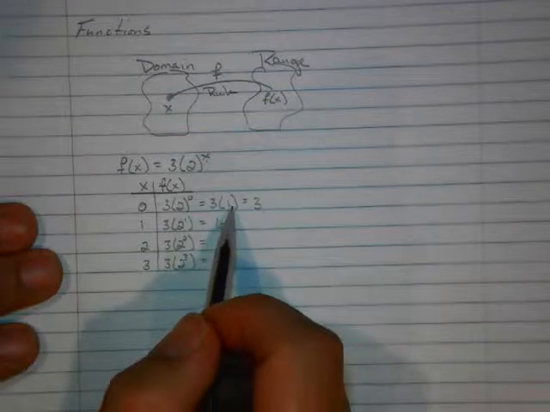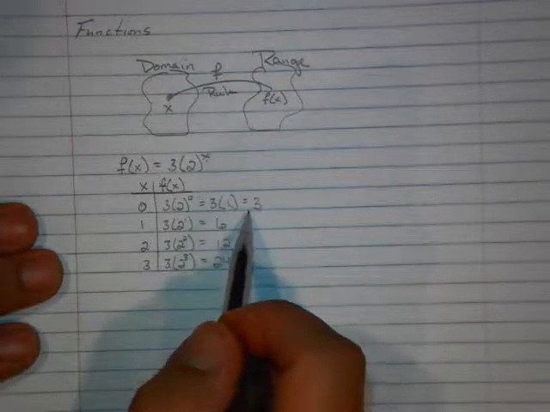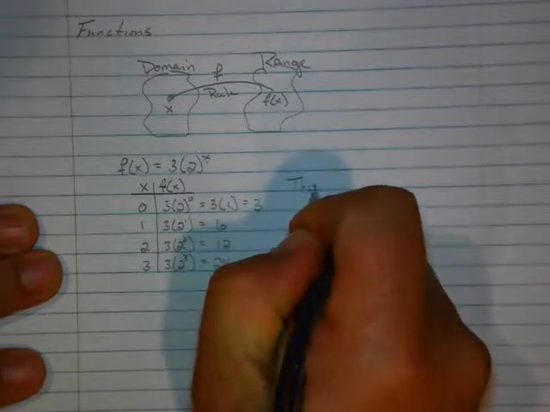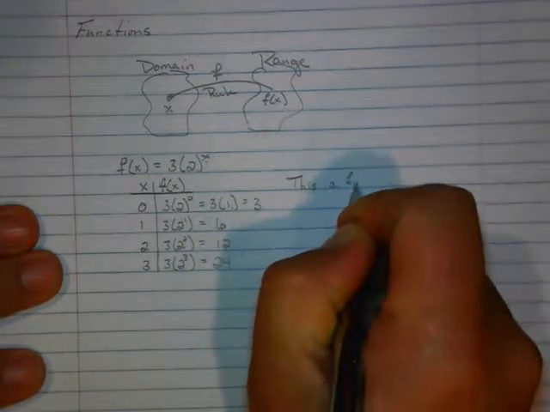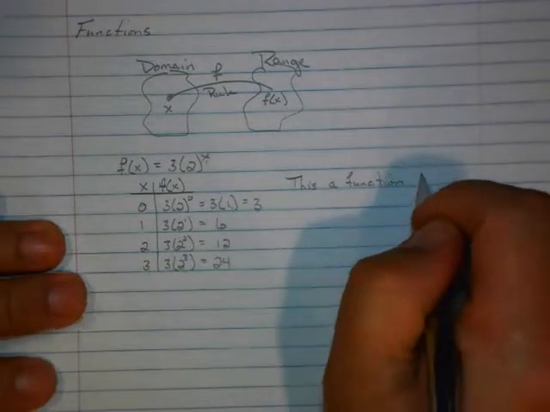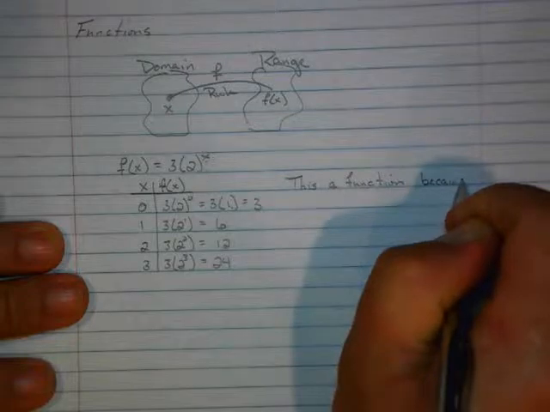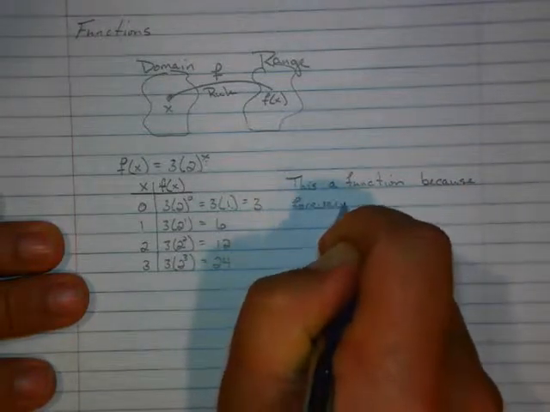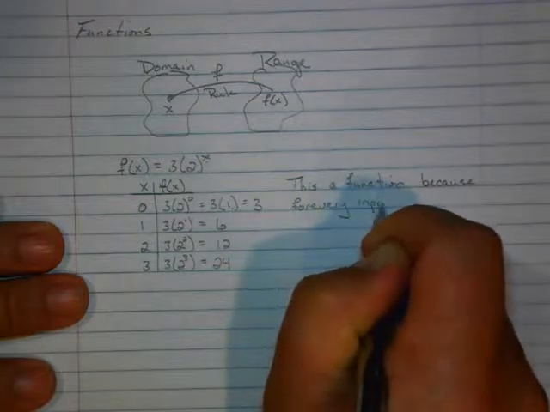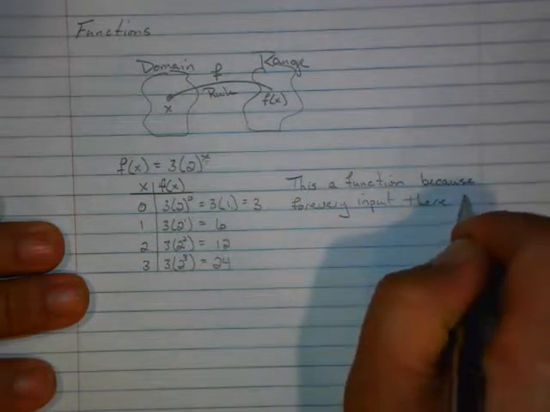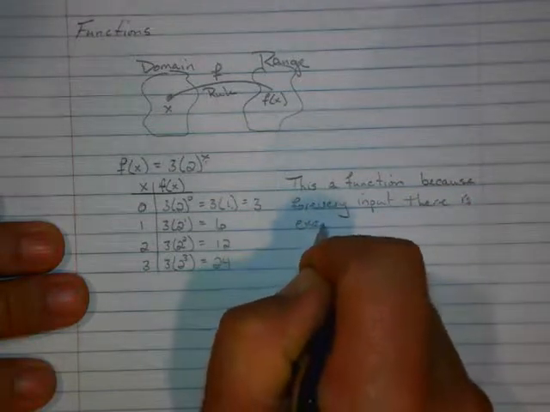So this is a function because for every input there is exactly one output.